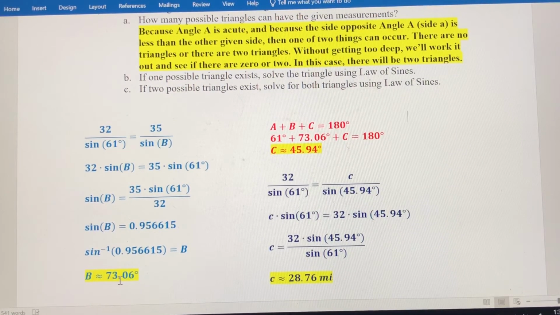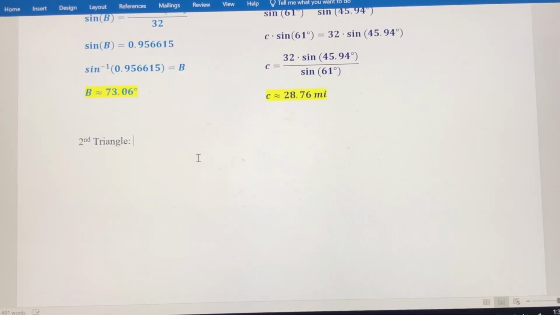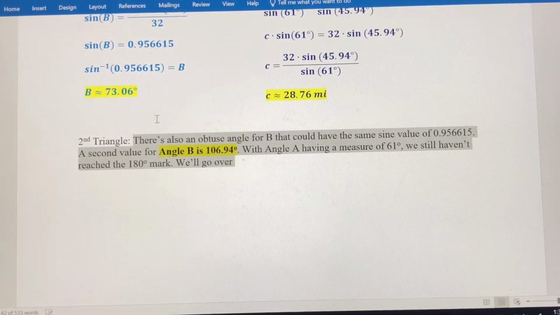There's another angle measure for B that has this same trig value, the same ratio, 0.956615. So we know there's a second triangle here because there's a second angle that has the same trig ratio as this 73.06 degrees. If you were to take the sine of 106.94 degrees, you would get this same value.